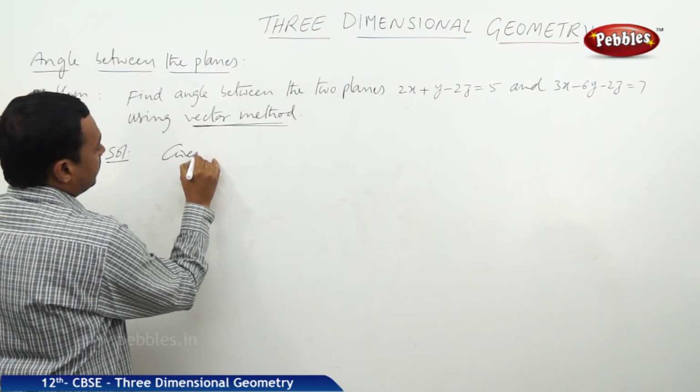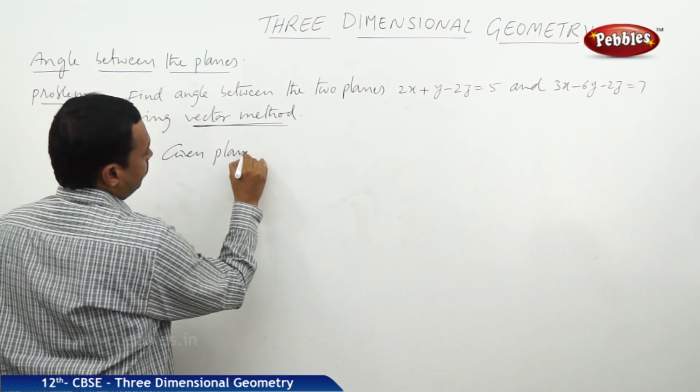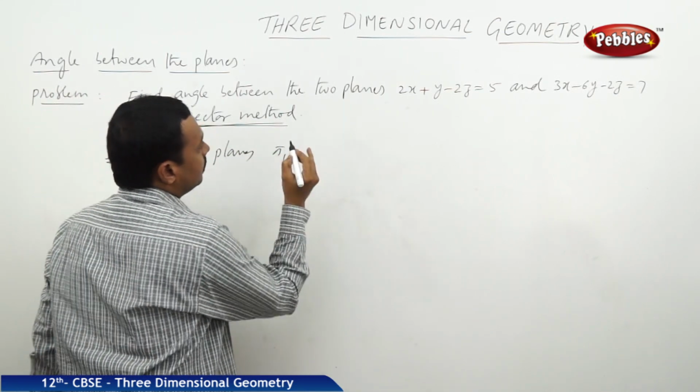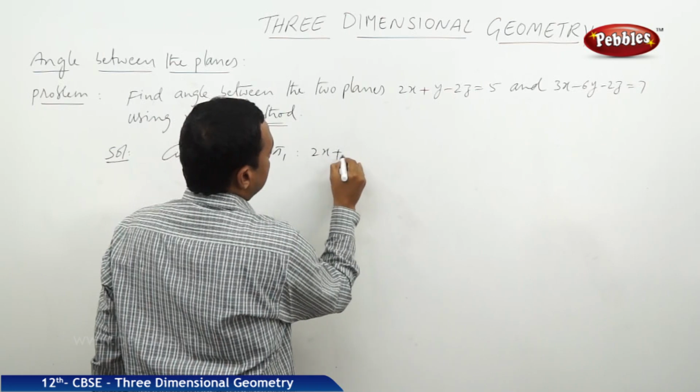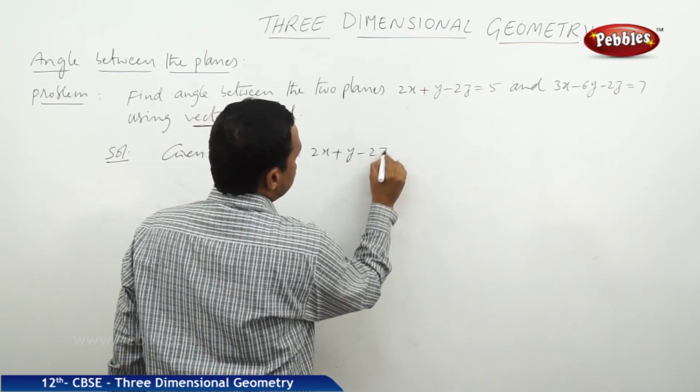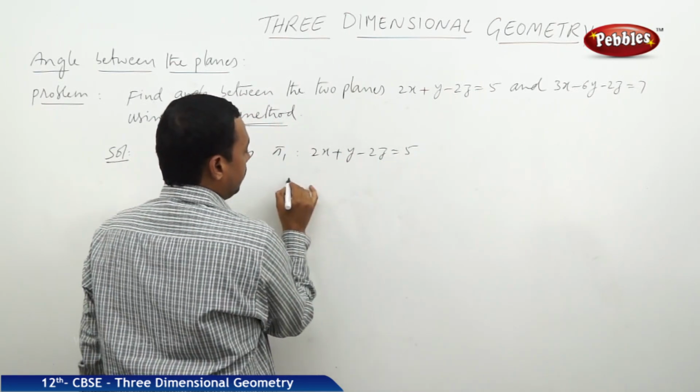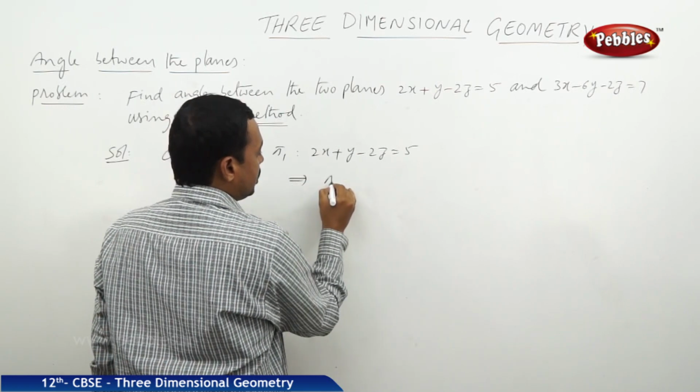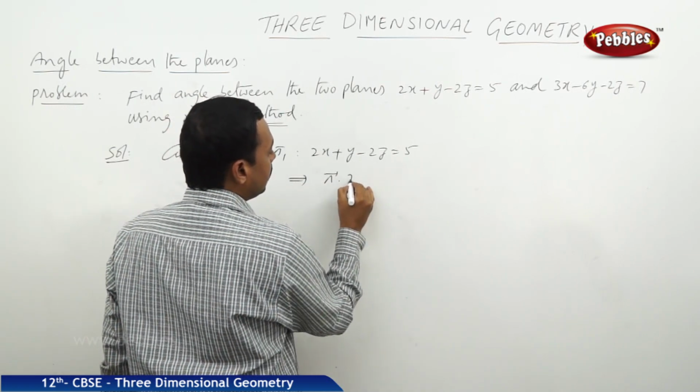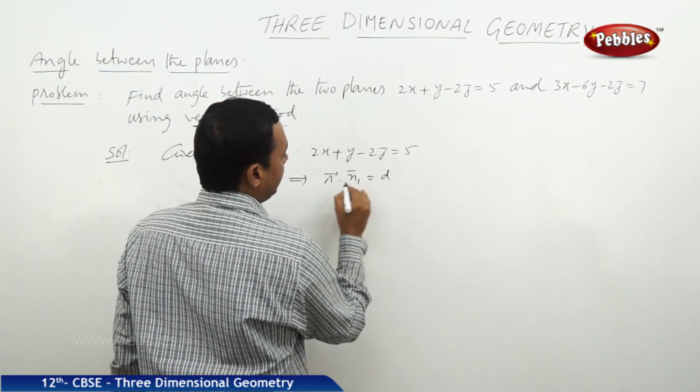The given plane pi 1 is 2x plus y minus 2z is equal to 5. Now we can change it into r dot n1 is equal to d.